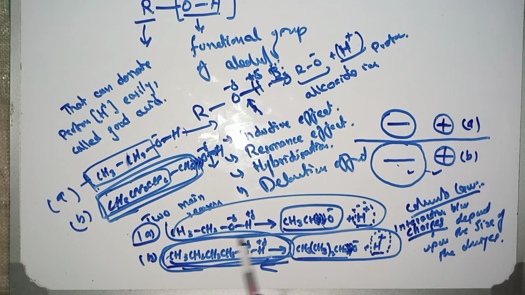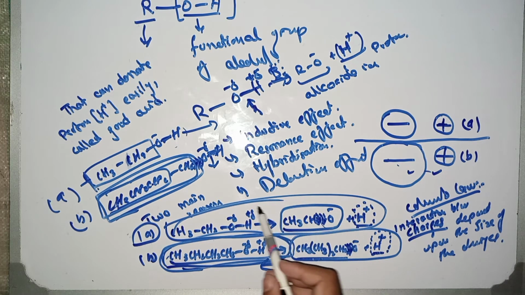In ethoxide ion, the equilibrium will shift toward the right side, because the interaction between the ethoxide ion and the proton will not be enough, the attraction will not be as strong as in the other case.